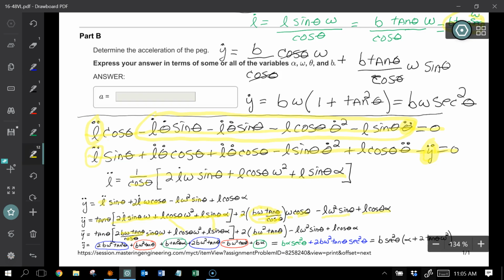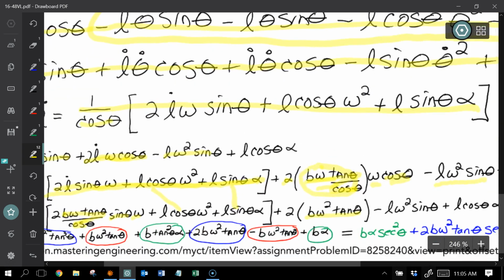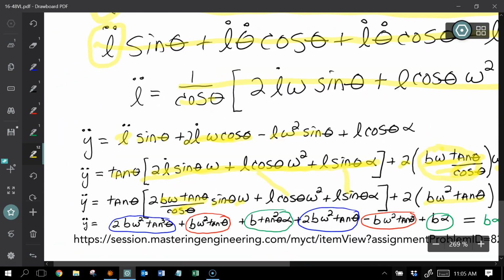Okay, so here what I've done is I've replaced all of the L's with B over cosine. So this term is here. This term is equal to this.